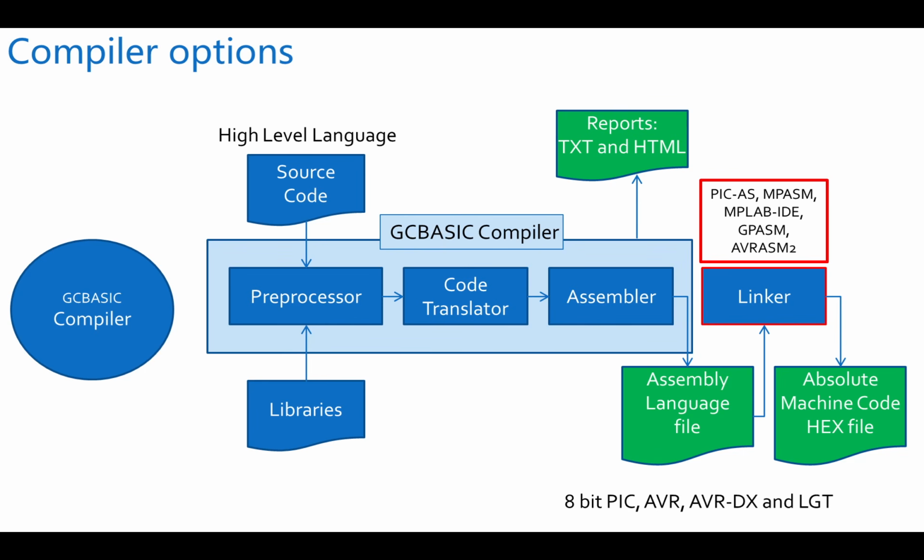I've shown you in these tutorials PIC AS and MPASM, and we call this the GCBASIC linker piece of the code. It's very stable, and what we're looking for there is other capabilities when you externally link that code.